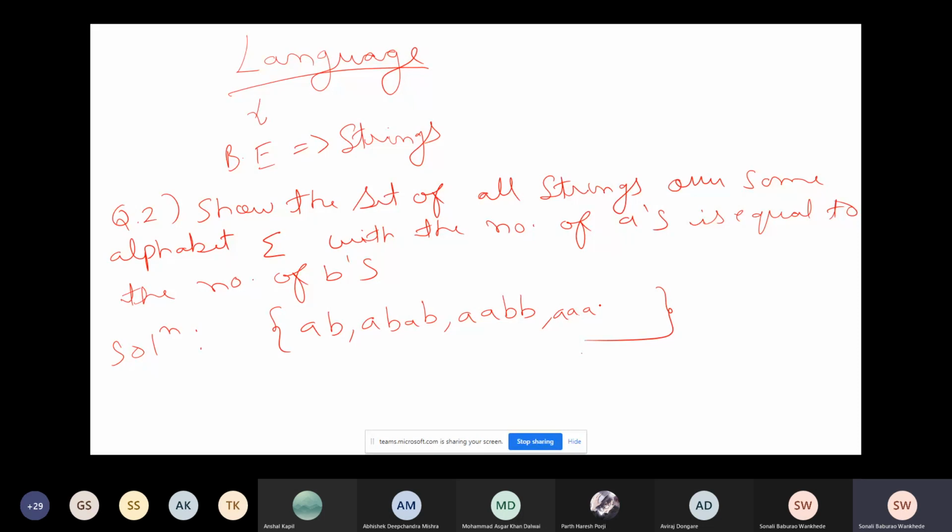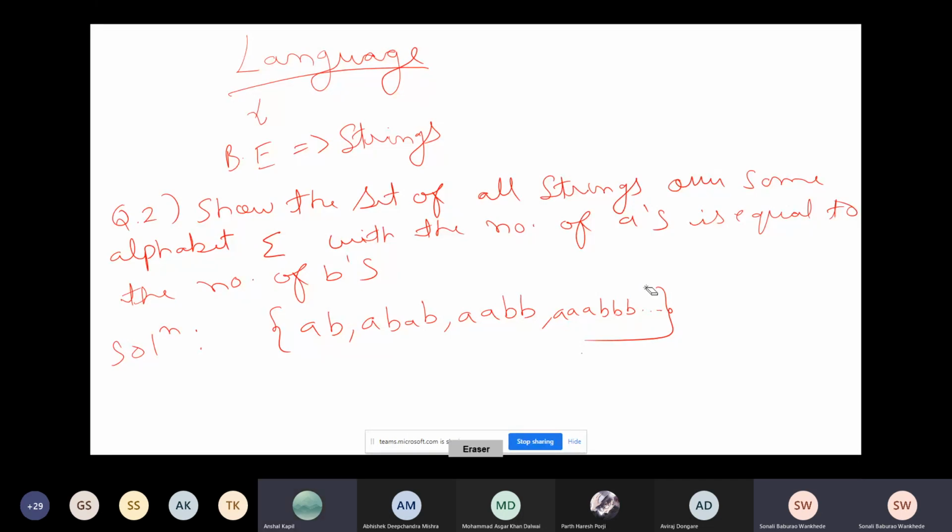Very good. And it can go infinite. So this is how you have to represent that in the form of a set of strings. The question comes this way: show the set of all strings over some alphabet sigma with the number of A's equal to the number of B's. This is how you represent that in the form of a set.